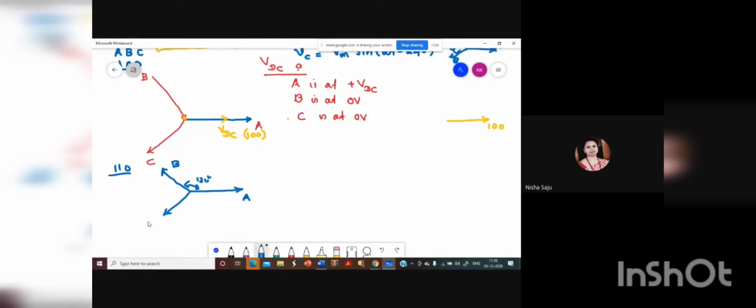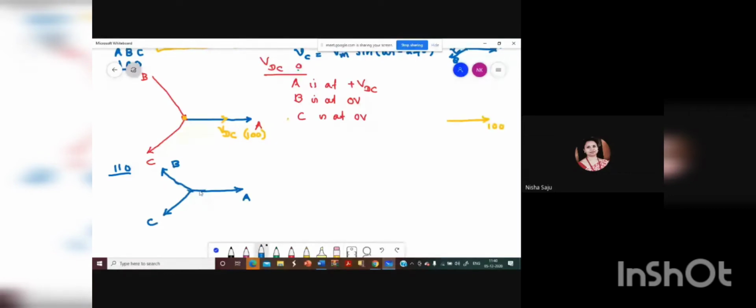Okay. Then you have to draw the resultant corresponding to this 1 1 0, because A switch is on, B switch is on, and C will be in the 0 state. So how will you draw this one? A is at plus VDC, right?